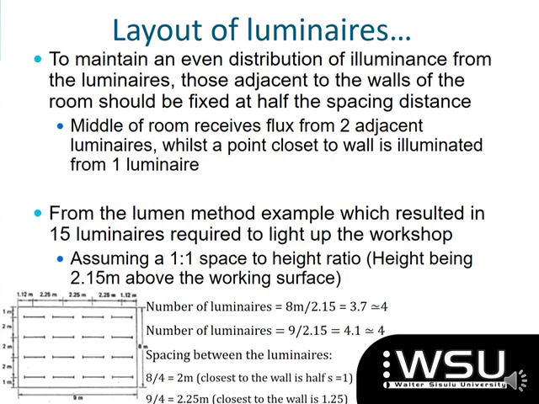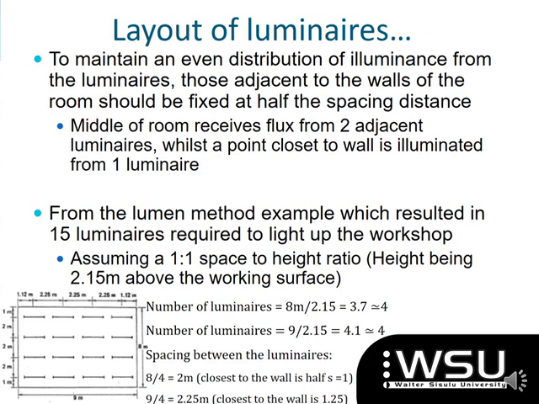Then I go to my 9-meter side. Again, I take my 9 and divide by the number of luminaires on that side, and therefore I get 2.25 meters. The 2.25 meters becomes my spacing between my luminaires. And I must remember the ones closest to my wall, which means I must divide that by 2, so that on either side closest to the wall, I'm going to have 1.125 meters from that wall.